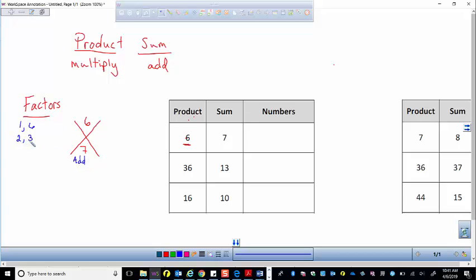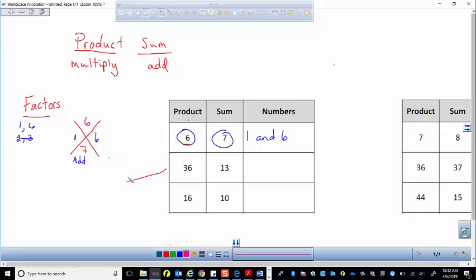So 2 plus 3 is 5. That one doesn't work, so I'm going to use 1 and 6. So 1 and 6 are my factors that when I multiply, I get 6, but when I add, I get 7. So you have to think of this with two different things today. You're multiplying and adding.